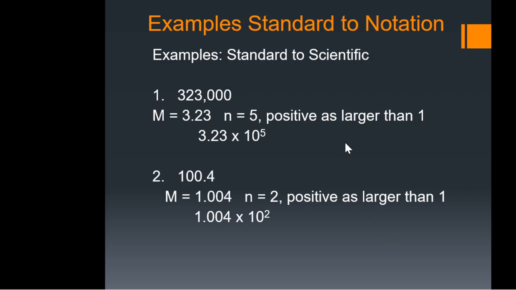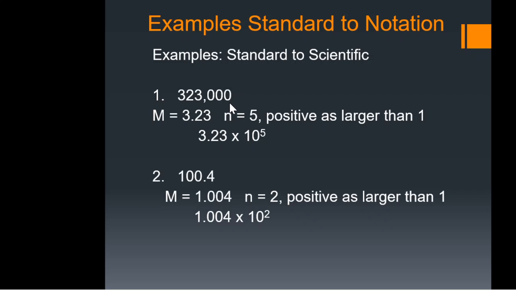Okay, some examples. Here's standard to scientific. So standard is a regular number. I know. Just blew your mind. Number 1, 323,000. This is a standard number. And M is going to be between 1 and 9. So the decimal place starts way out here.